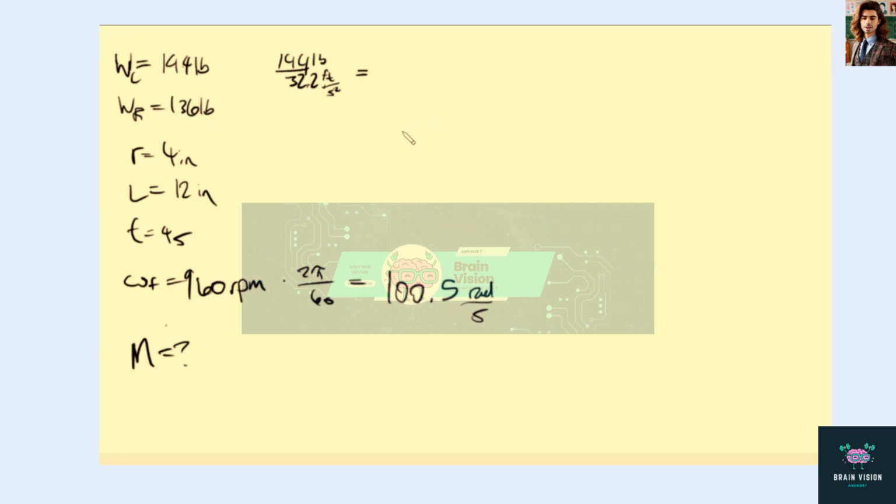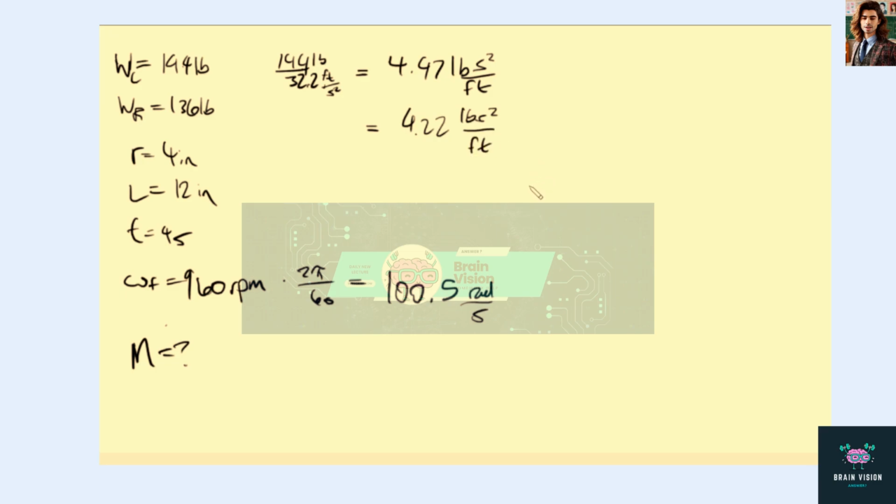Then we are going to get 4.47 pound second squared over feet. And we're going to do the same thing for the rod, and we're going to get 4.22 pound second squared over feet.